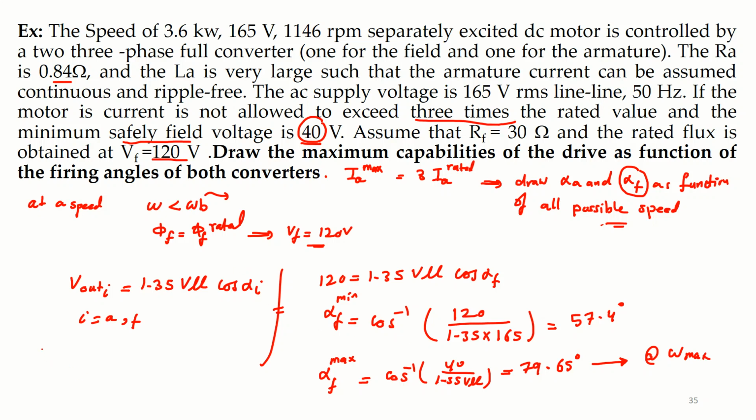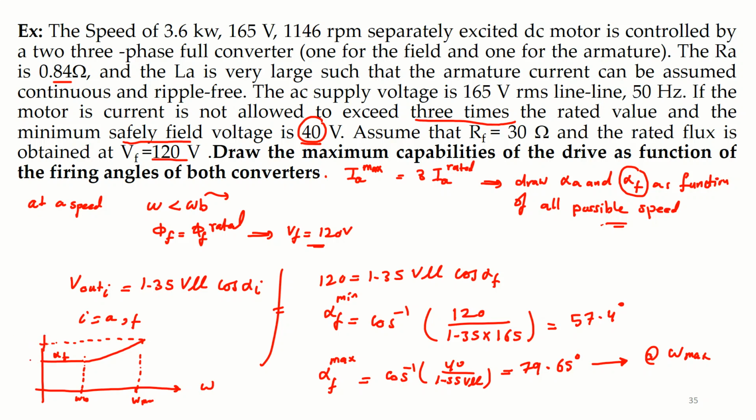Now roughly, if we need to plot, if this is omega, and here we have omega base, and here we have omega max, then at less than omega base, alpha f is constant. After that it will increase until the maximum alpha of the field, which corresponds to the minimum voltage.